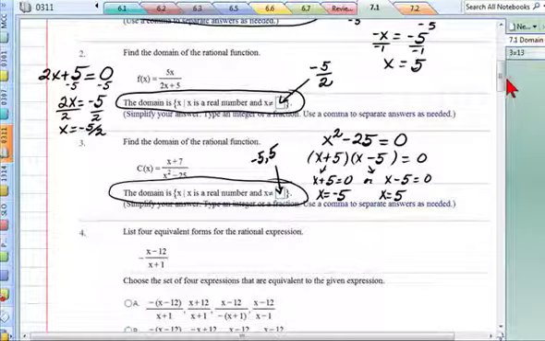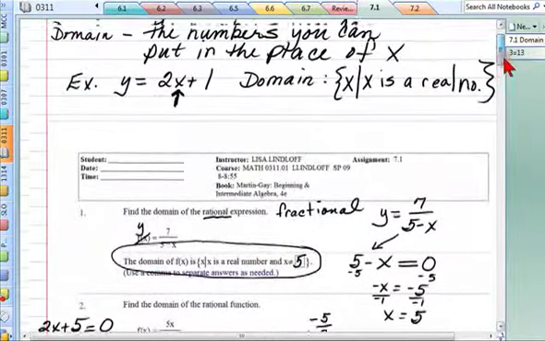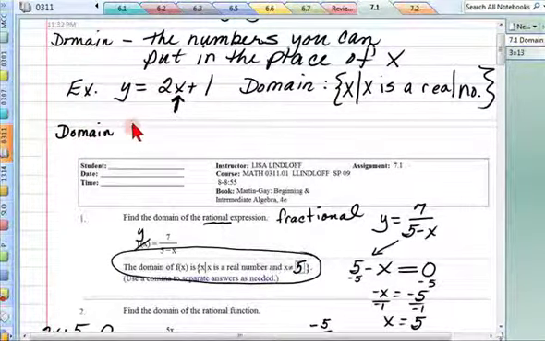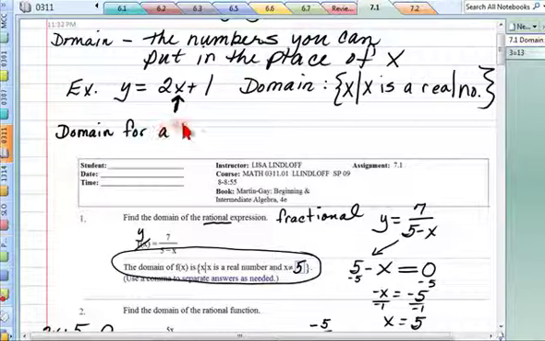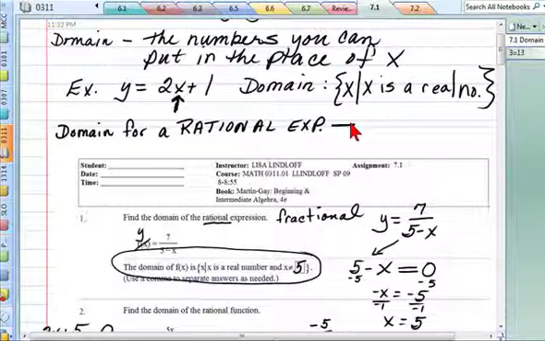So if I want to go back up to the top, the domain for a rational, and I'm going to write that in caps, expression. I'm sorry. The domain for a rational expression.